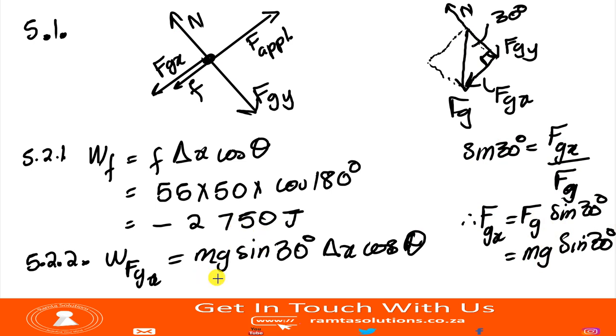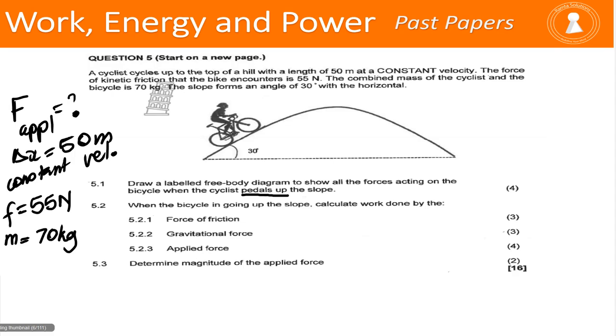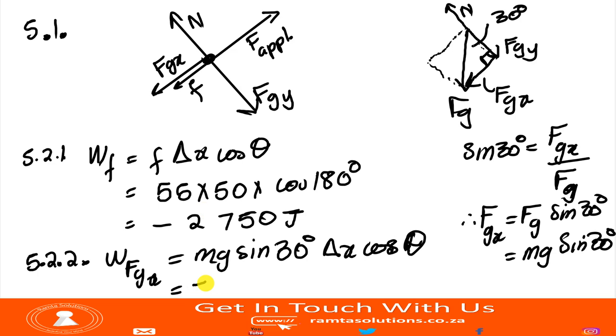Now, let's see, what is our mass? The mass of the object was 70 kilograms. So 70 kilograms times 9.8 times sine 30 degrees times the displacement, which is 50, times cos.